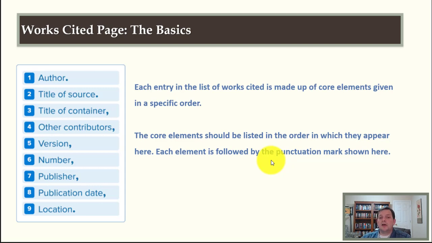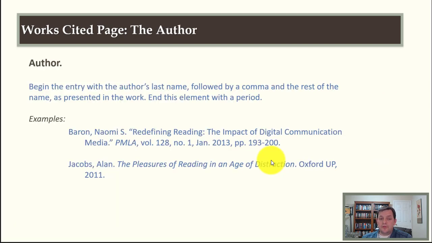We'll look at some examples, but you can go to the Purdue OWL website and you can see examples of almost every imaginable type of work listed there, or you can also consult the MLA handbook, and it will also have many, many examples. We can look at a few here. So you begin every entry with the author's last name followed by a comma and the rest of the name as presented in the work.